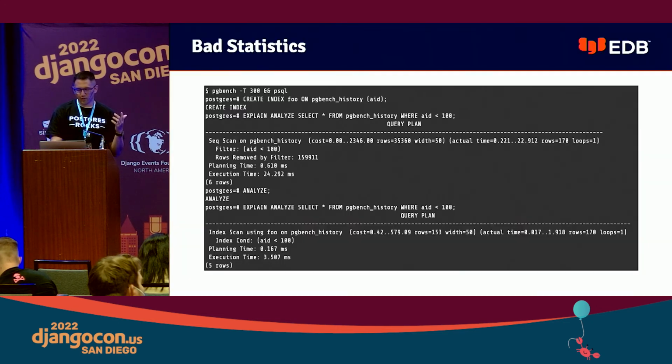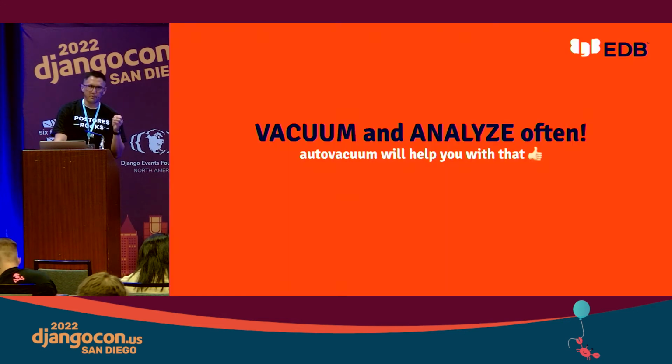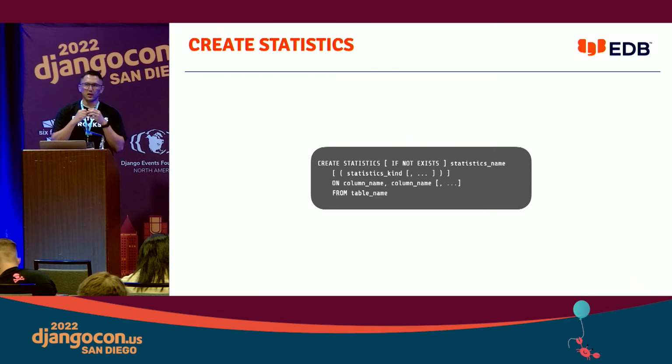There are some situations where the statistics are off, not because it was a bad estimation, but because there are correlated columns that the database does not know about. Now, we as human beings know that cities belong to states, right? And we know that children are not as tall as adults. So when you have city and state columns, the database doesn't know that they're related.